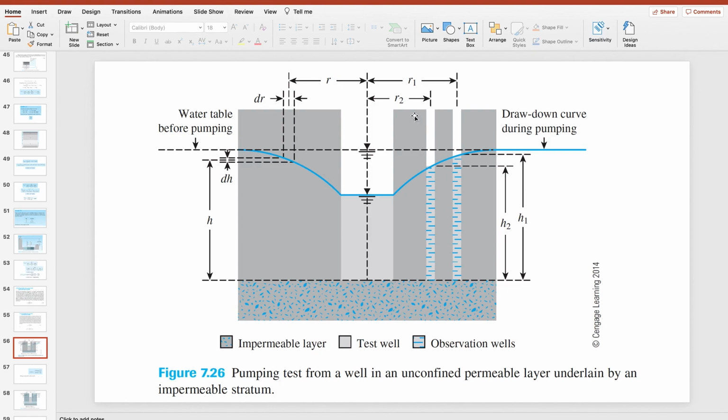Okay? This is radius 1, well 1, and this is radius 2, which is well number 2. So the H1 is the height of the water level before pumping out water. H2 is after pumping. Okay?